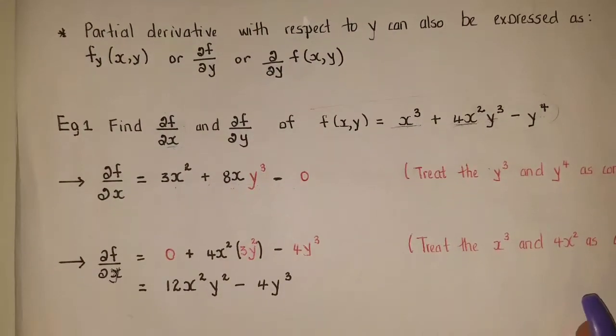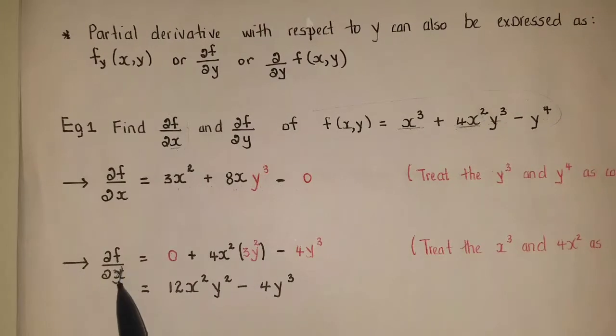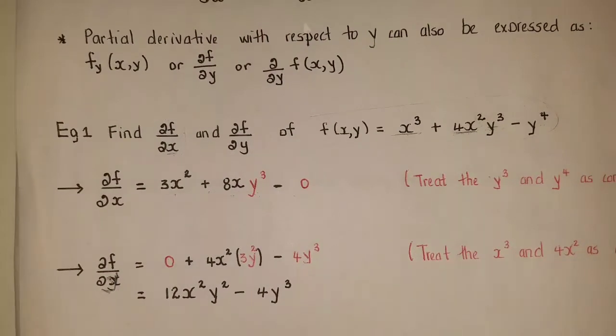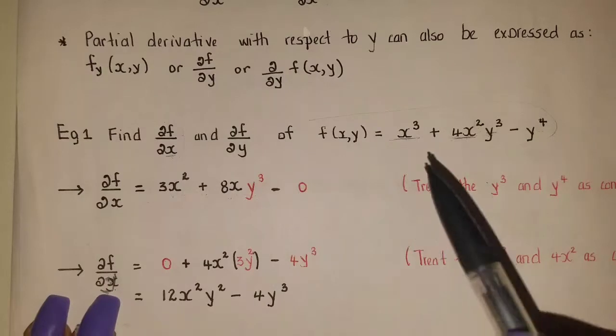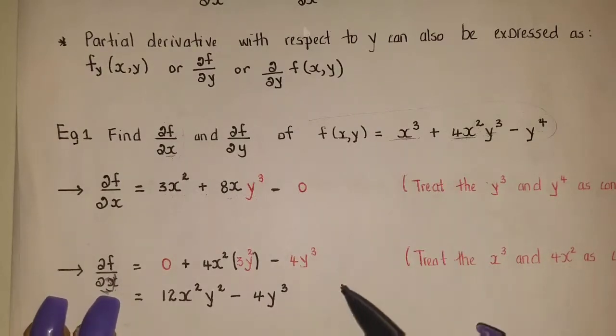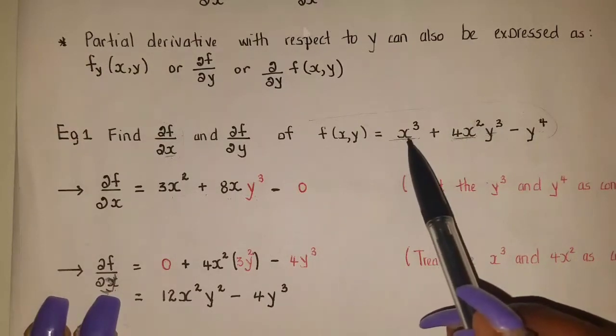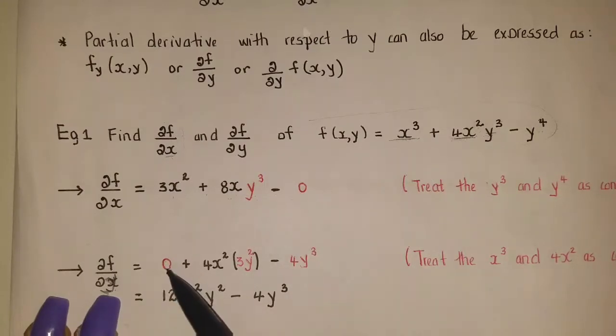For the partial derivative of f with respect to y, it's the opposite. We're going to be differentiating all the y's and the x's are going to act as coefficients or constants. So remember, now we're differentiating the y's. X's are acting as constants. So when I go to the function, this x cubed, which is acting as a constant, will give us 0.